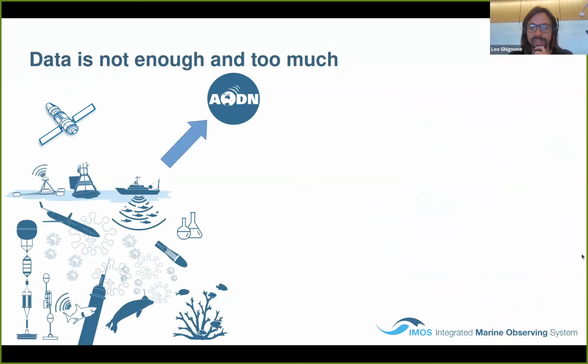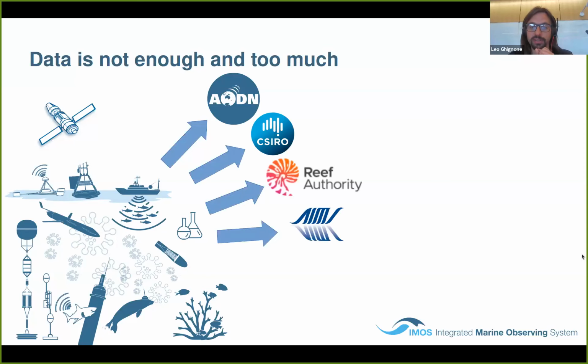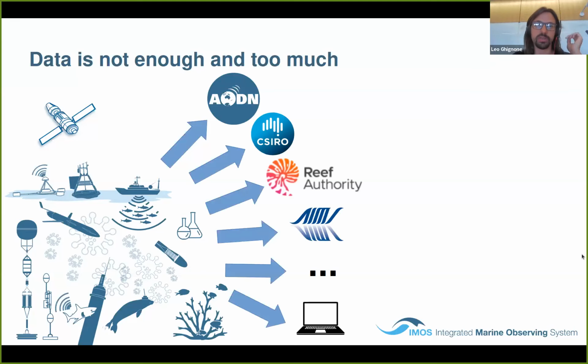What I mean with this is there are a lot of different organizations, each collecting their own data and each distributing their own data. Now, the AODN, my organization, is trying to be a central point that distributes lots of data from different sources, but still it cannot currently distribute all the data that's available.